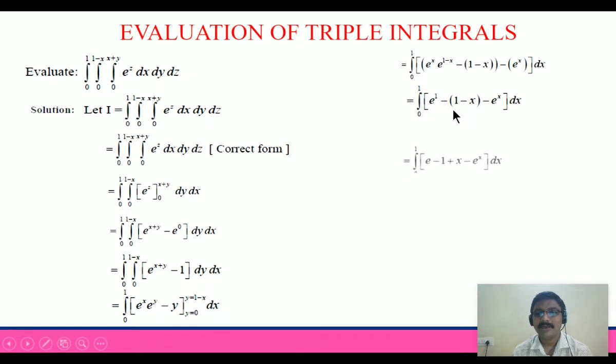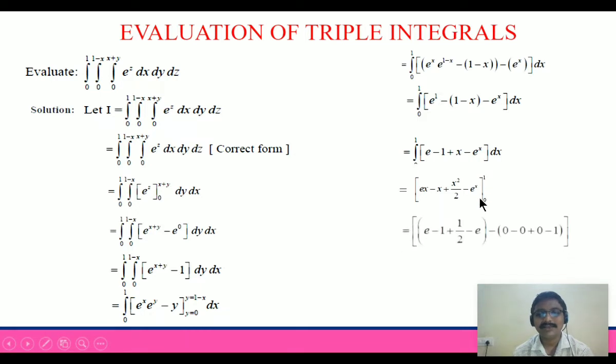Now applying integration with respect to x, e integration is ex, negative 1 integration is negative x, x integration is x square by 2, e power x integration is as it is e power x. Substituting upper limit as 1 and lower limit as 0. So we will get negative half plus 1, that is half. So it is the required value of the given triple integration.